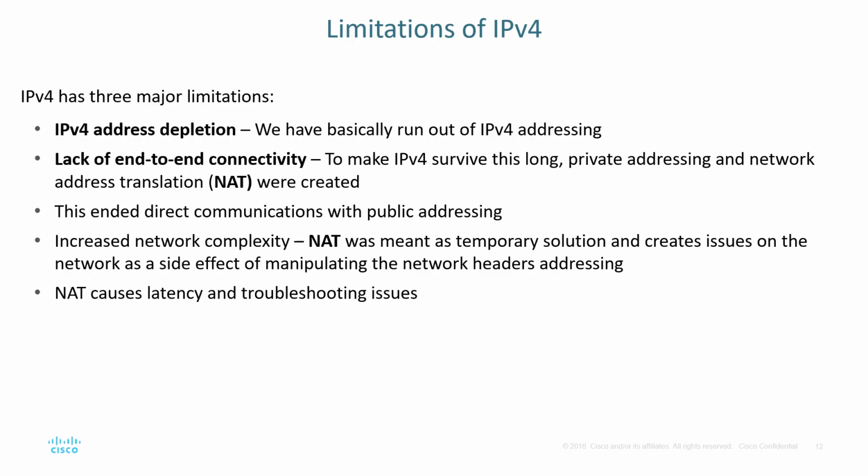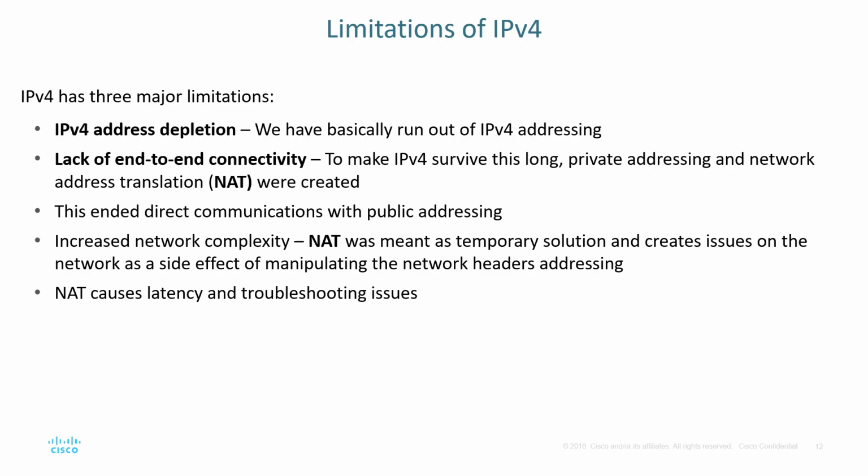IP4 has 3 major limitations. It became depleted. We have basically run out of IP4 addressing. There is also a lack of end-to-end connectivity, meaning we can't trace it from end to end. To make IP4 survive this long, a private addressing scheme and network address translation were created.